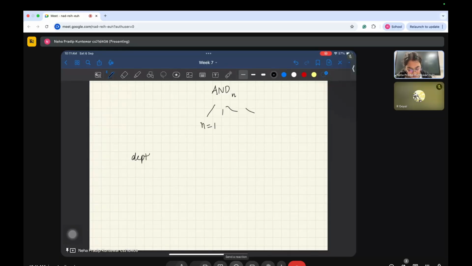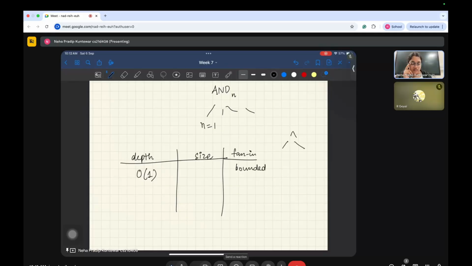So let's say I allow my circuits to have depth of order 1. There's another parameter: let's say fan-in is bounded. So all the gates have a fan-in of at most 2. Then I'll not talk about the size for now.